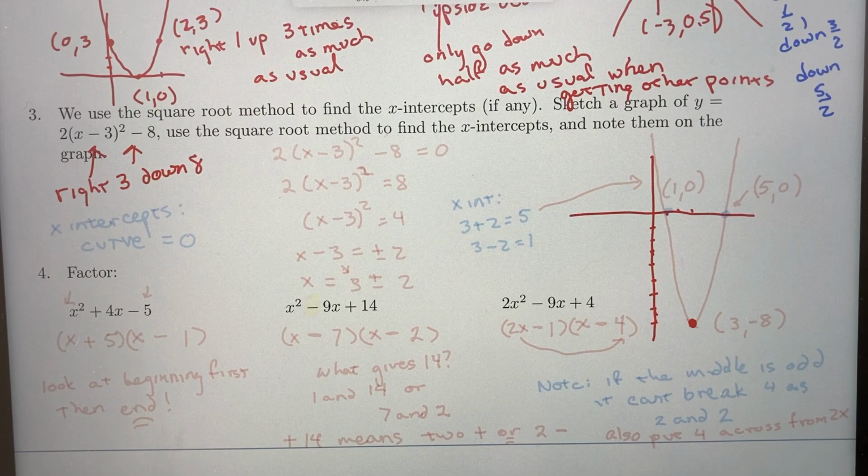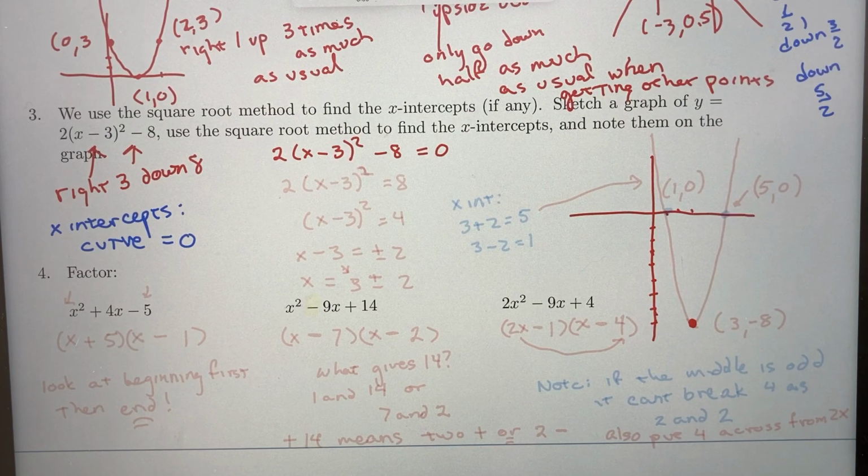I'm going to use the square root method. What was that? You take and find out where the zeros are. The x-intercepts, let me write it in blue. We set the curve equal to 0.